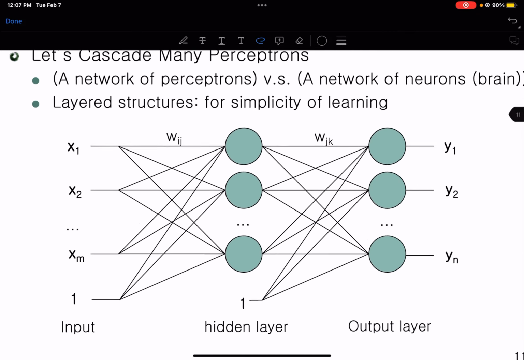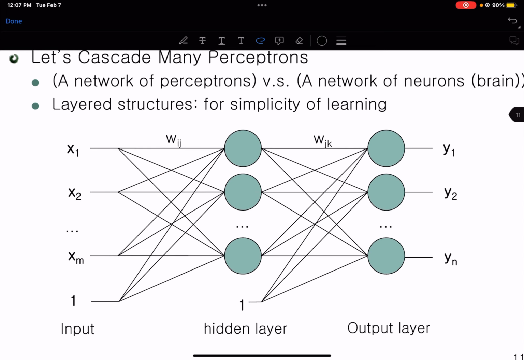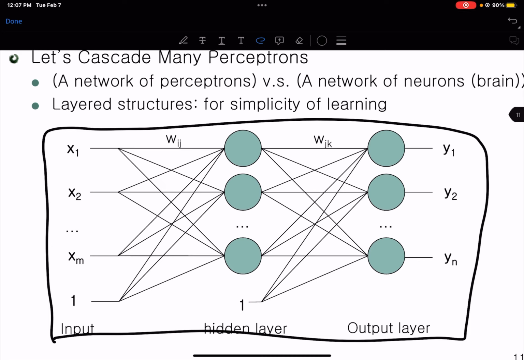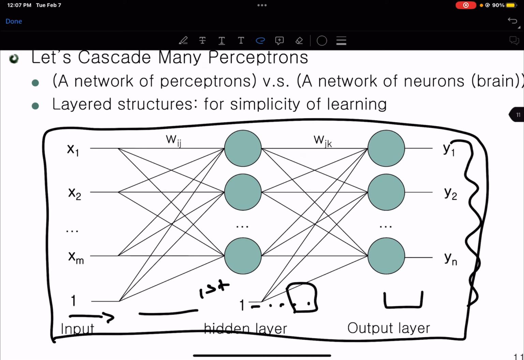Cascading multiple neurons converts it into a multi-layer perceptron, where the input first goes into your first hidden layer, and then you can have multiple hidden layers also, and then you have your final output, and you put the classifier function at the output layer.